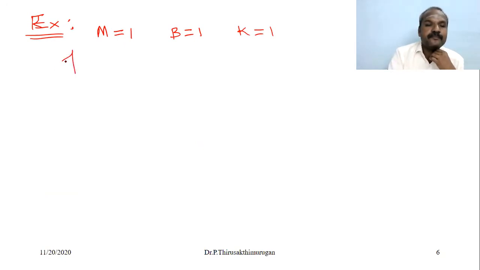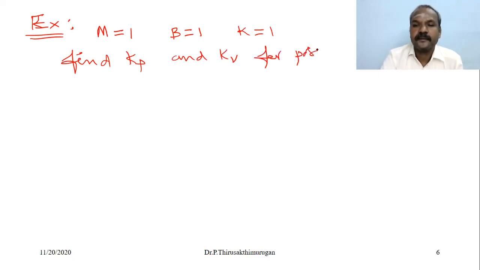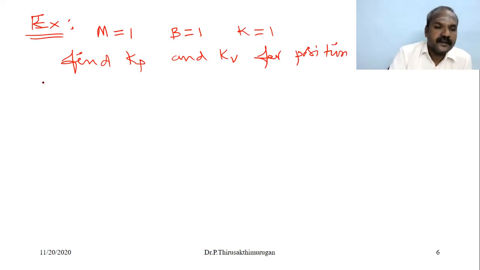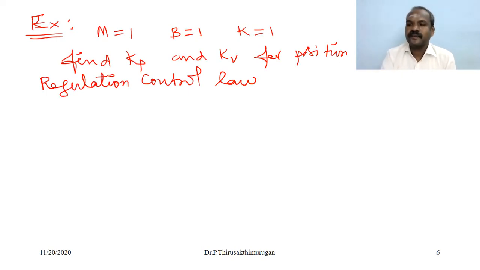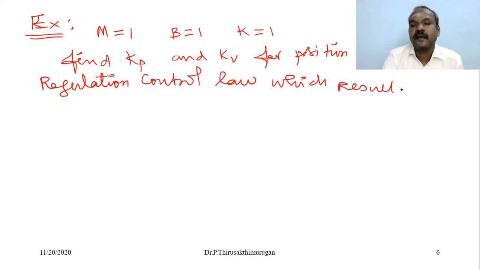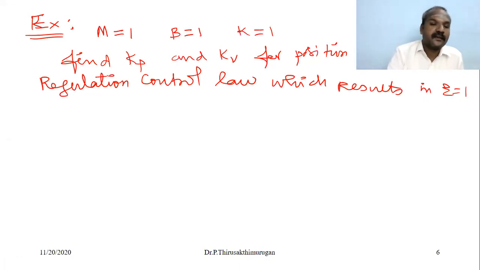Find Kp and Kv for the position regulation control law, which results in critical damping, zeta equal to 1, for a closed loop stiffness.